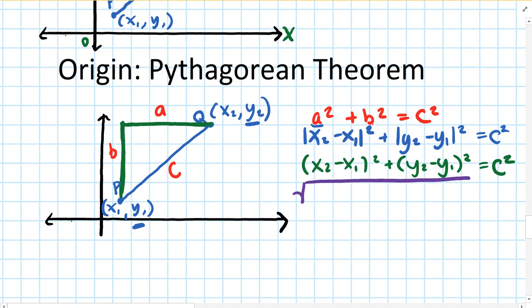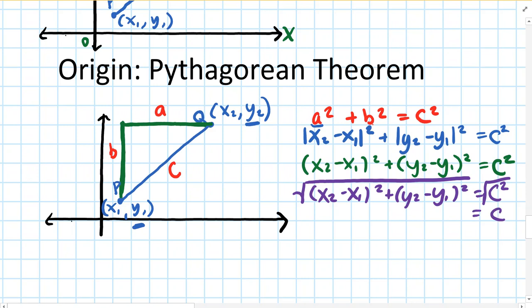And I'm not going to put plus or minus here because, again, we're speaking specifically about distance, and distance is always going to be positive. So this is just the positive square root of x2 minus x1 squared plus y2 minus y1 squared. And that's going to be equal to the square root of c squared, which is just c.